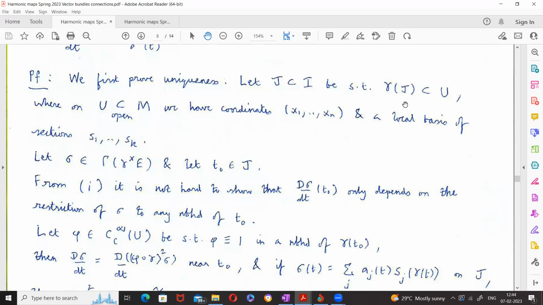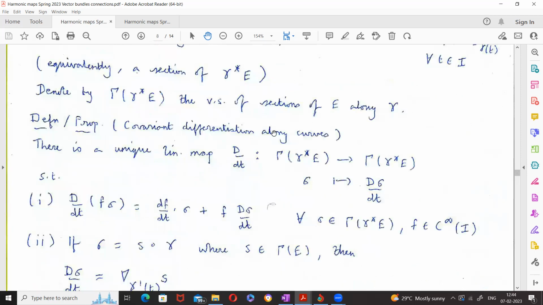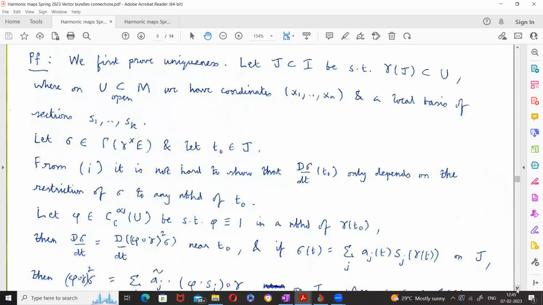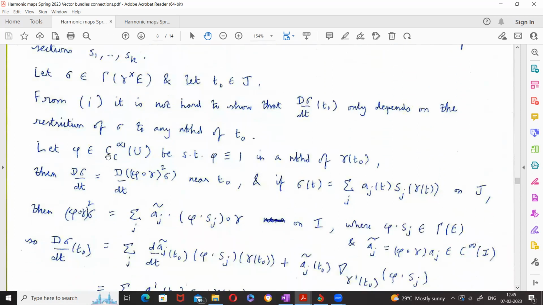So from the Leibniz rule, like we did earlier, it's easy to see that this D sigma dt at t naught only depends on the restriction of sigma to any neighborhood of t naught. So now let phi be a bump function on U such that phi is 1 in a neighborhood of gamma of t naught.